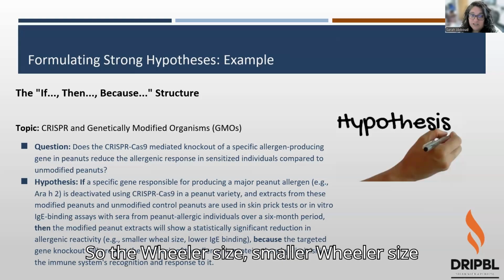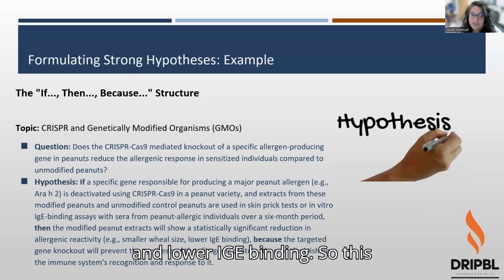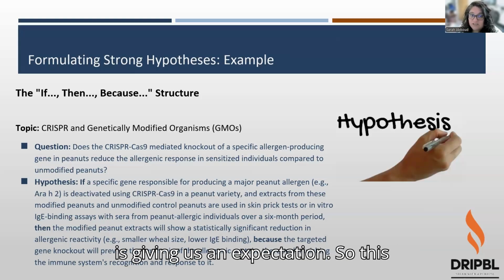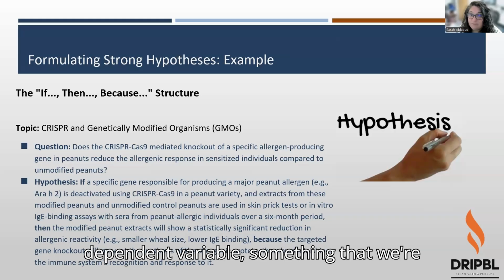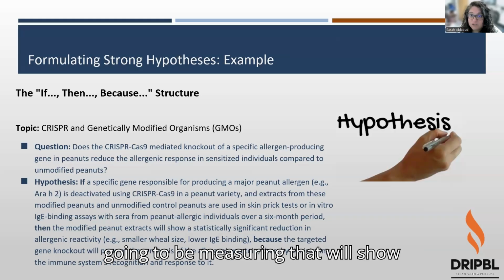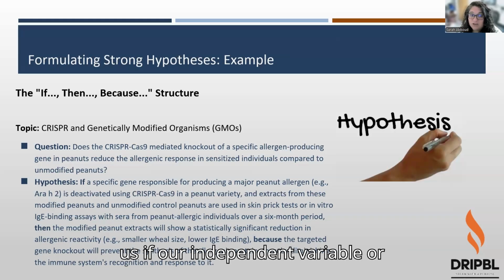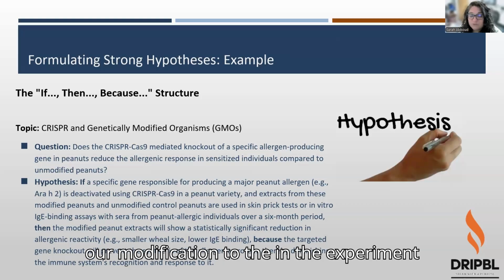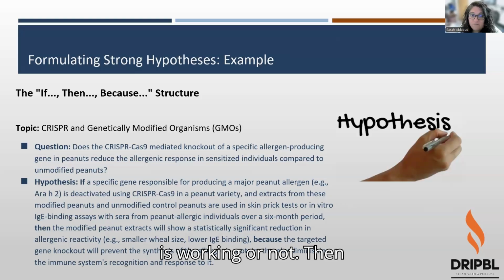So the wheal size, smaller wheal size, and lower IgE binding. So this is giving us an expectation. So this then is showing us our dependent variable, something that we're going to be measuring that will show us if our independent variable or our modification in the experiment is working or not.